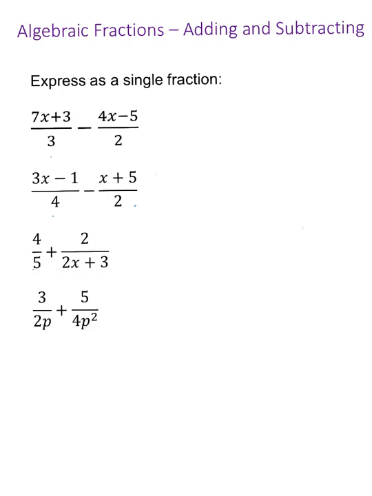So looking at this, I look at my lowest common denominator. I want 4p squared and 4p squared.